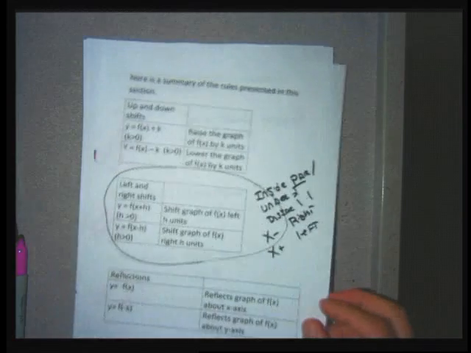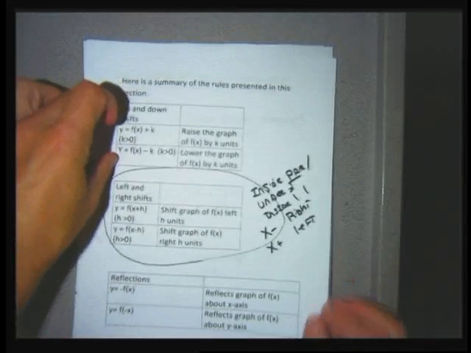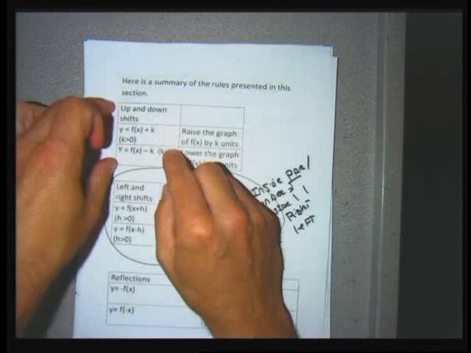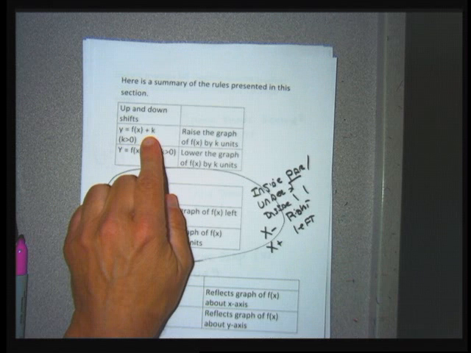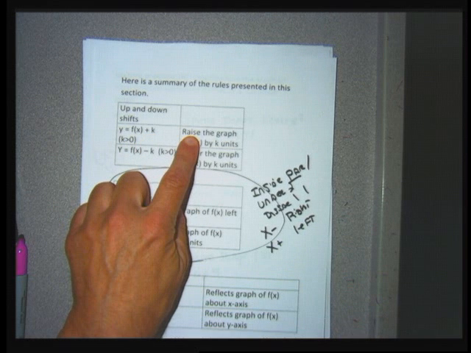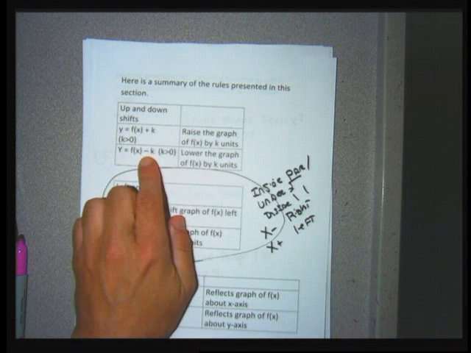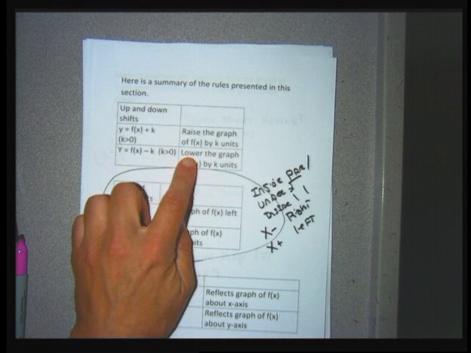And in my little boxes at the end, the top box is up and down. Basically, the first one says if you add a number after the function, it raises it or moves it up. If you subtract a number after the function, it moves it down.